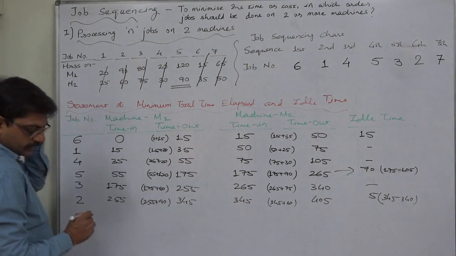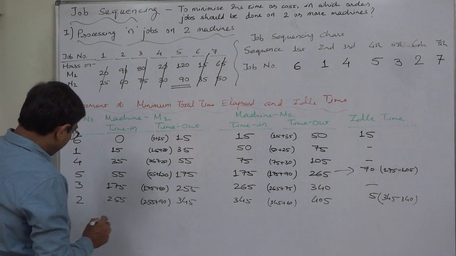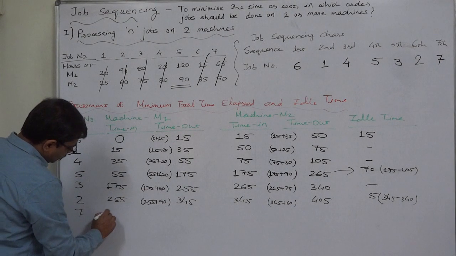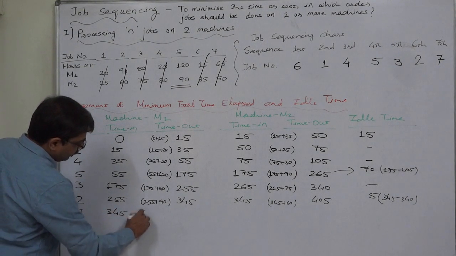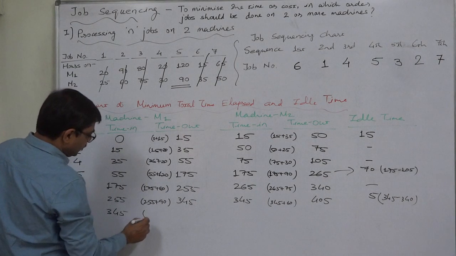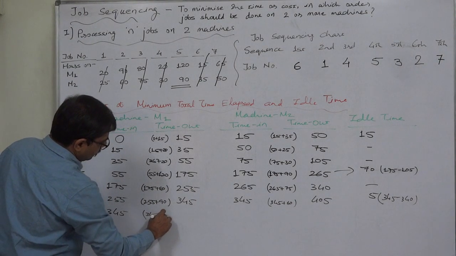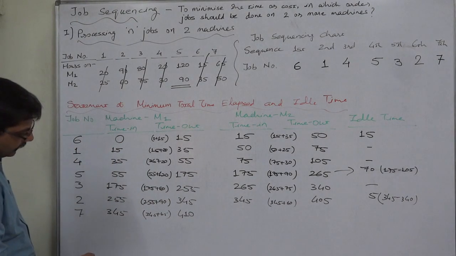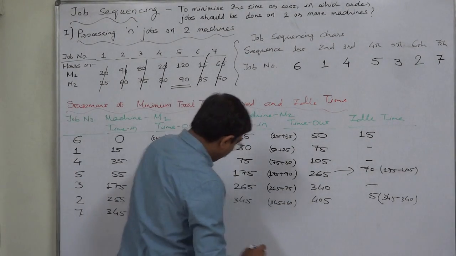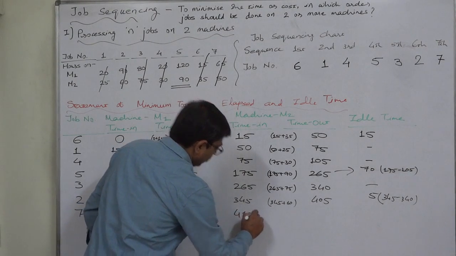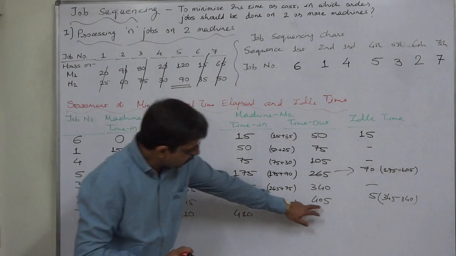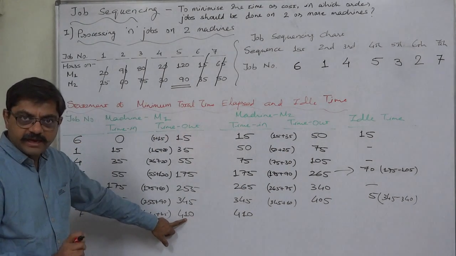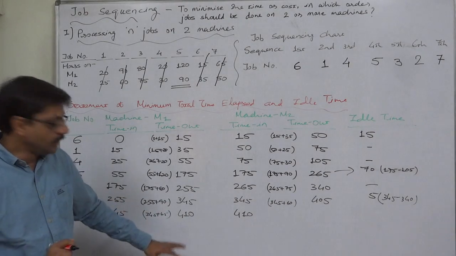Total time elapsed 405. Now the last, 7th job. Time in of the 7th job on machine 1 is 345. The 7th job requires 65 hours, so 410. 410 or 405, whichever is higher, 410. Again, at the end of the 405th hour, machine 2 was free, but has to wait for 5 hours to get the job completed from machine 1.